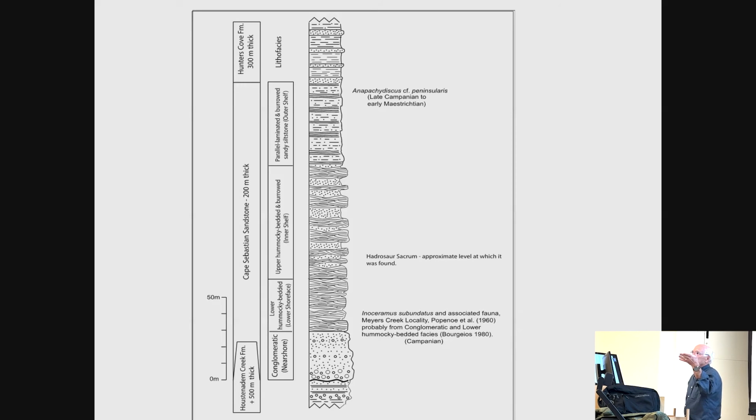Probably these sands were laid down in a few tens of meters of water, well within the agitated wave base of swells moving back and forth. And so there was a shoreline not too far away. And it was a sacrum that probably just got washed out in a storm-generated event from a nearby landmass.